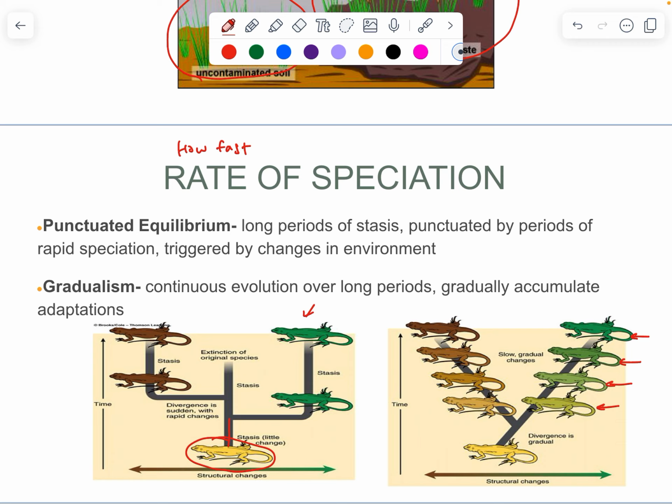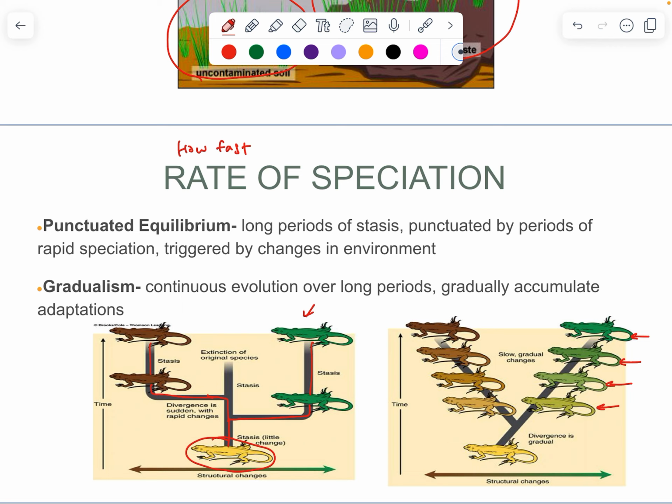Then something extreme happens in the environment, and that species rapidly changes into a new form or shape, depending on whatever happened in the environment. Then that changed species also experiences another round of stasis where there's very minimal changes occurring, and then something drastic happens in the environment again, and they rapidly change and evolve into separate species, and this happens over and over and over again.